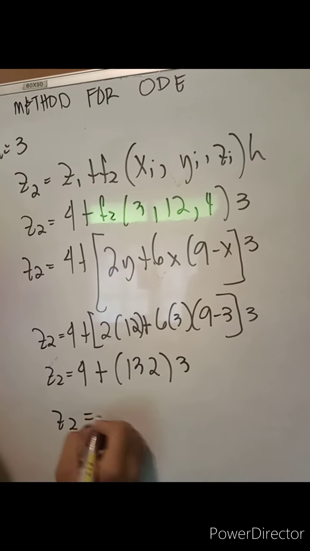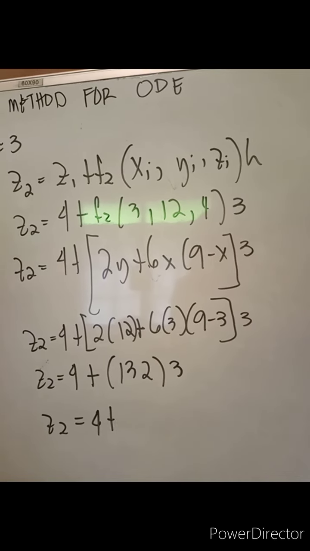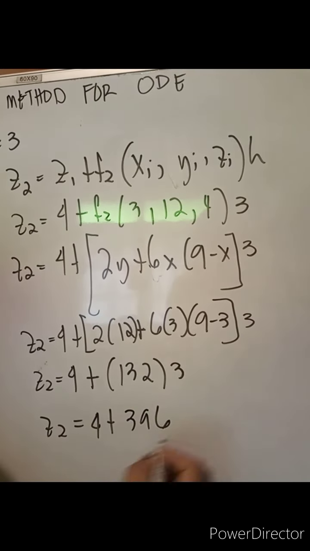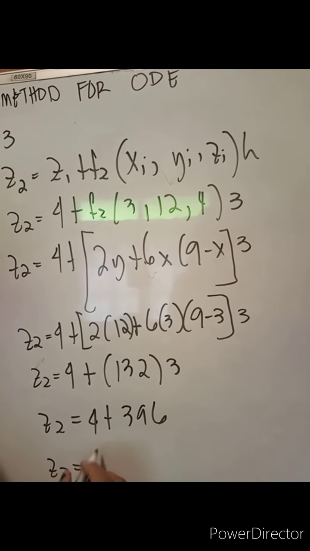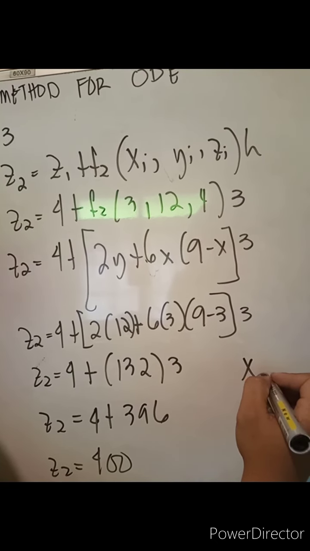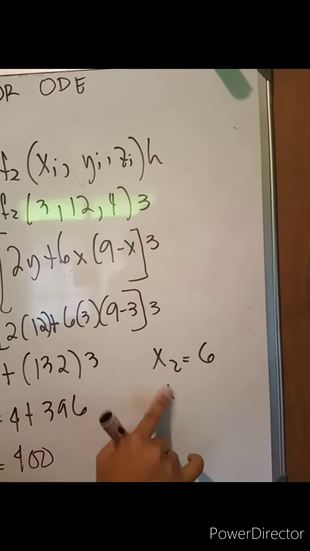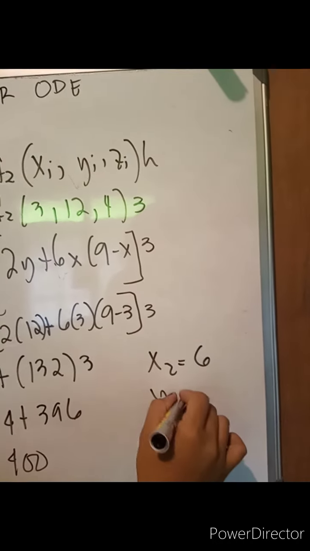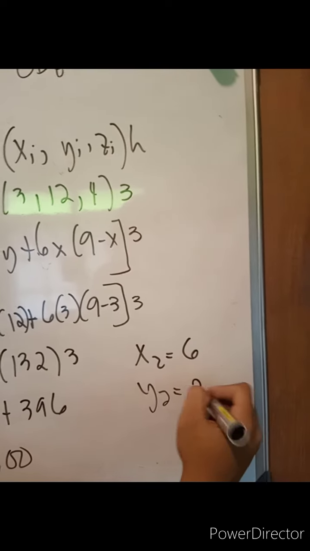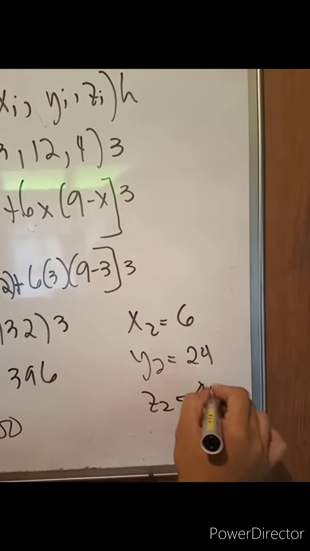So z2 natin is equal to 4 plus 396. So z2 natin is equal to 400. So yung x sub 2 natin, gagamit natin 6, di ba? So ang y sub 2 natin is 24, and yung z2 natin is equal to 400.